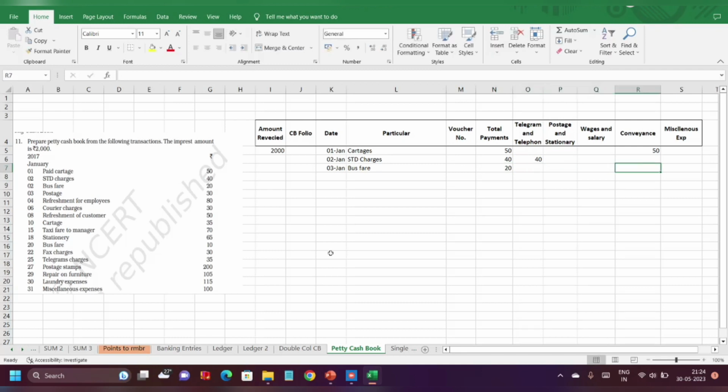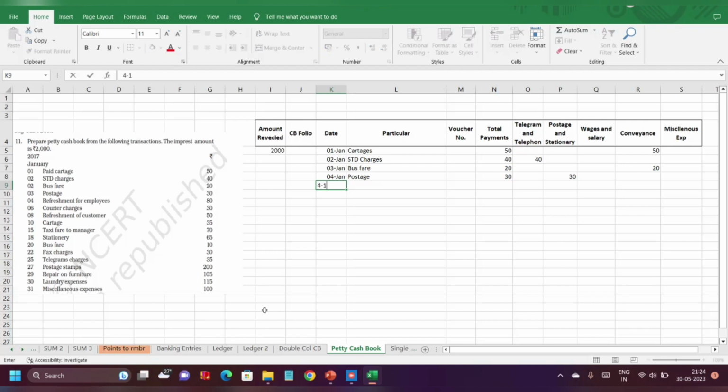Bus comes under convenience because transportation, 20. Next, fourth, postage. Postage amount of rupees 30. Postage and stationery column, 30.